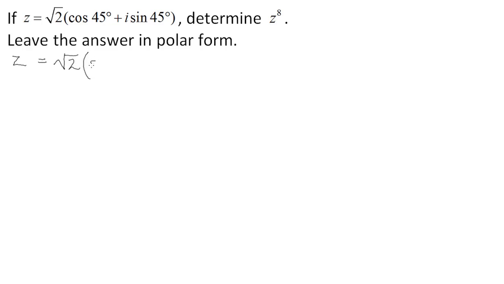(cos of 45 degrees plus i sin 45 degrees). Let's write this in a simpler form. This is exactly the same as the square root of 2 cis 45 degrees.